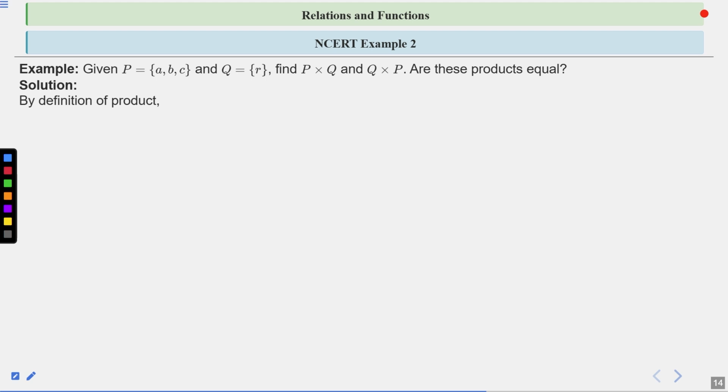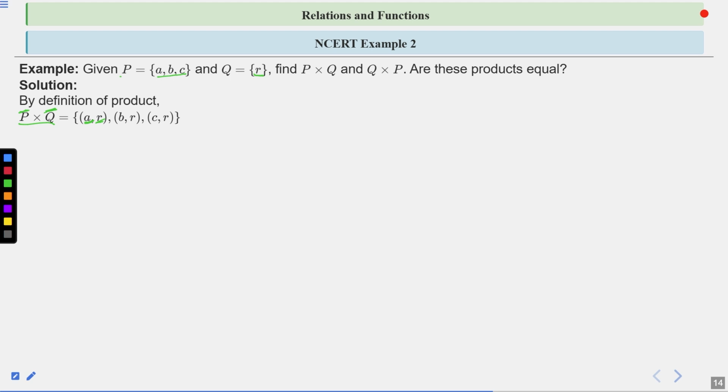Recall the definition of Cartesian product. What does it say? In order to write P cross Q, you have to collect pairs in which the first element must belong to the set P and the second element must belong to the set Q. In set P you have 3 elements, in set Q you have just 1 element.